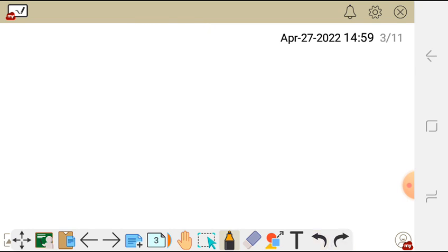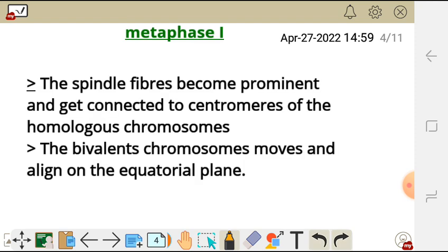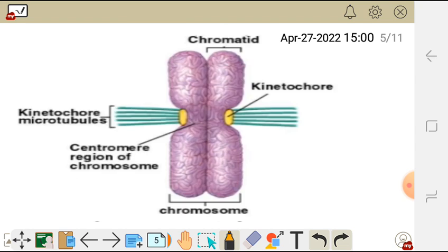Okay, so under metaphase 1, what happens is that the spindle fibers become prominent and get connected to the centromeres of the homologous chromosomes. So the spindle fibers become prominent, they extend and they connect themselves to the homologous chromosomes. We can see this in this chromosome here. We have these spindle fibers.